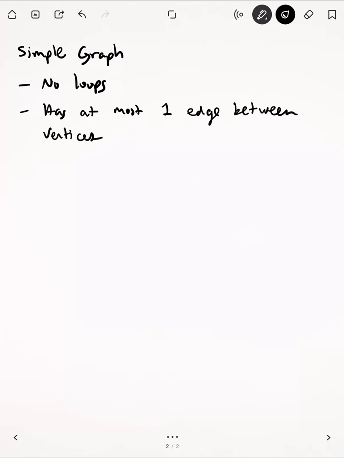And in particular we saw in the digraphs that we looked at when we were thinking about equivalence relations and partial orderings, vertices can have loops, but a simple graph does not allow it.